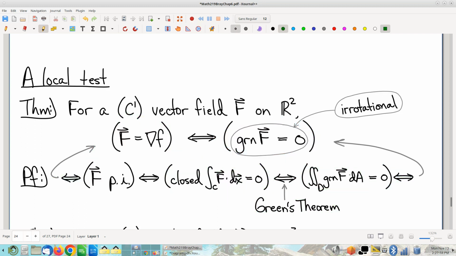Okay, here's a different way to think about it. Something a little bit more intuitive, perhaps. Basically, if you think about what it means to have a gradient, namely a path-independent vector field. Well, one of the big ideas, as we discussed, is that if you're doing a line integral of a gradient, all your circulations have to be zero.